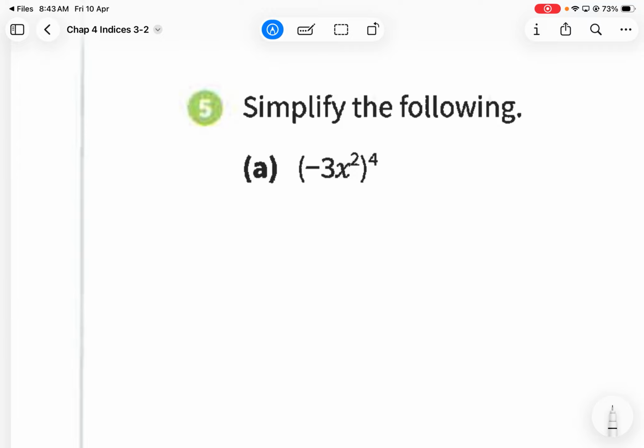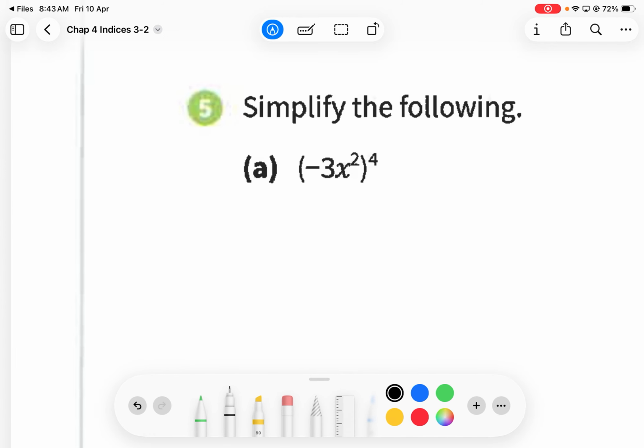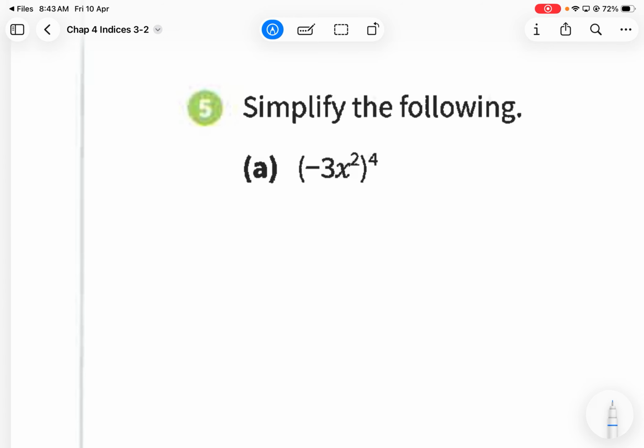Simplify the following. Remember when you have all these things inside the bracket, most of you didn't get it. What is inside the bracket is actually -3 multiplied by x squared.